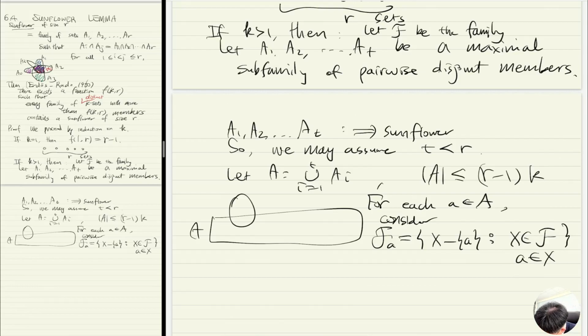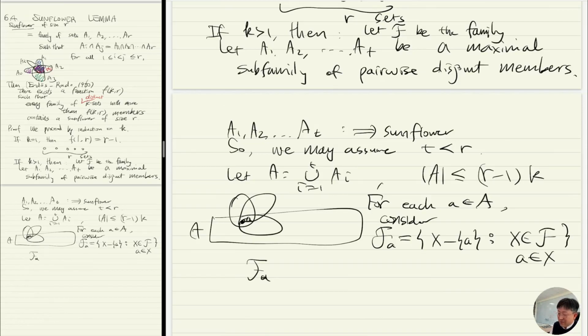So here's an a here. Now I look at all sets containing a and remove a, and then F_a is a family of sets of size k minus 1.